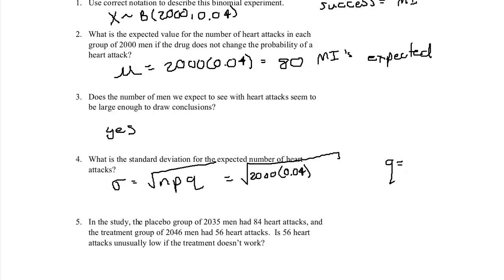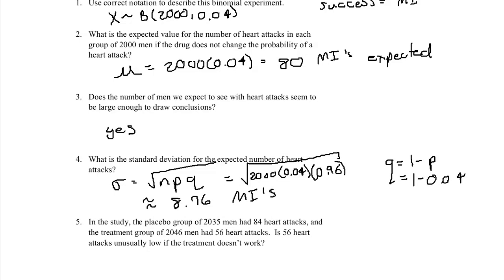Remember, q is going to be 1 minus p, because the probability of success plus the probability of failure is 1. So 1 minus 0.04 is going to give us 0.96. And again, pop that in your calculator, and we have a standard deviation of about 8.76 heart attacks.